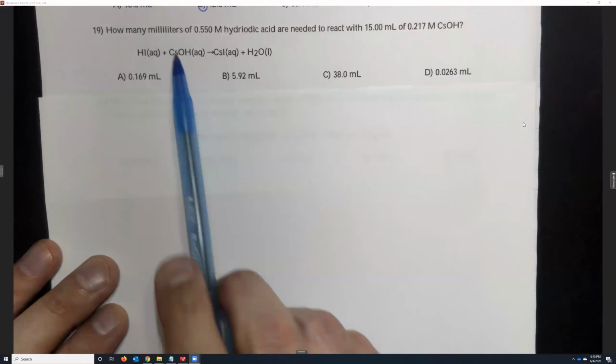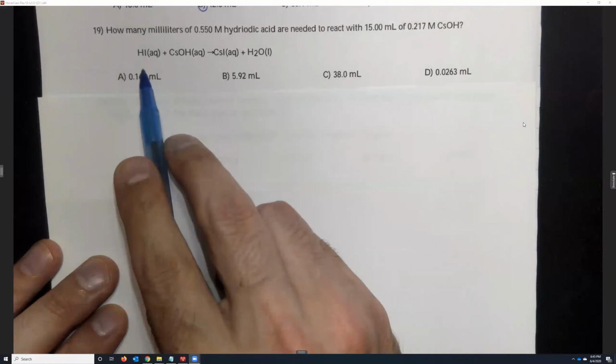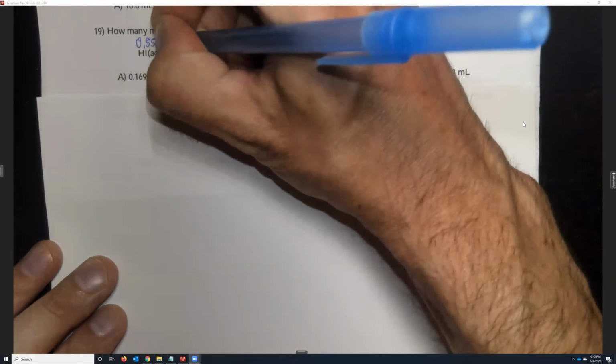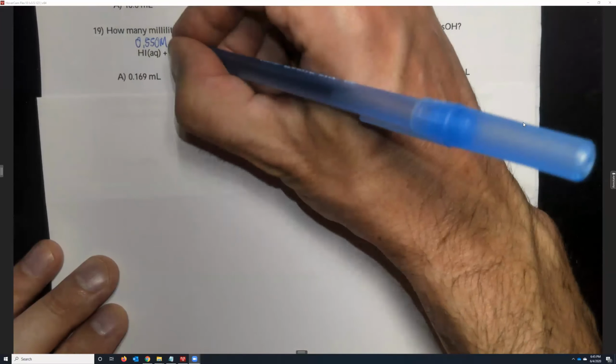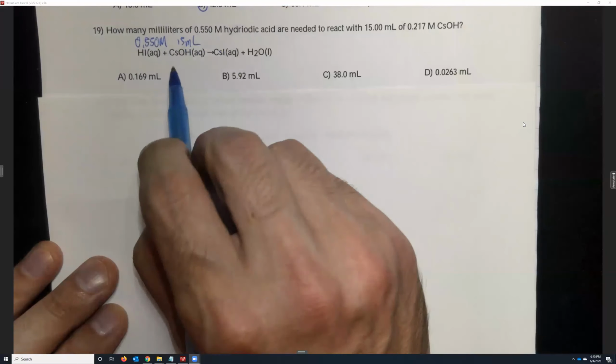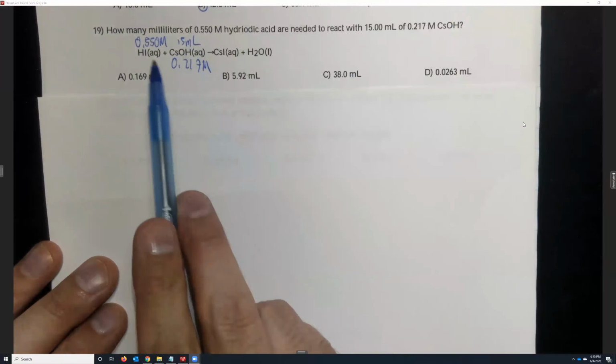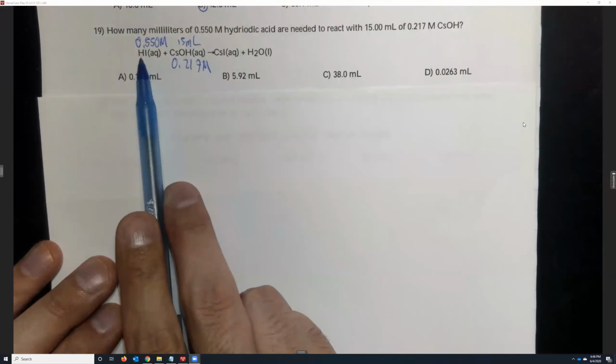So basically what we know is that this is 0.550 molar, and we know that we have 15 milliliters of this one, 15.00, and it's 0.217 molar. And we want to know how much of this one do we need to react completely with this one.